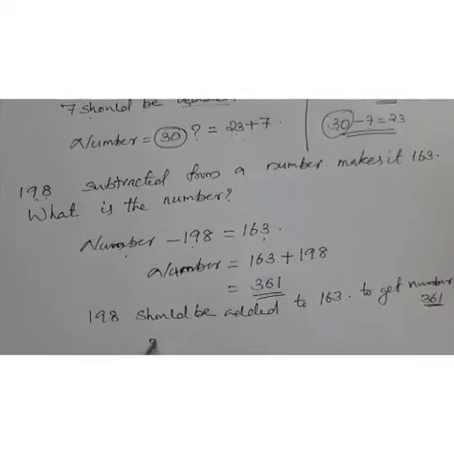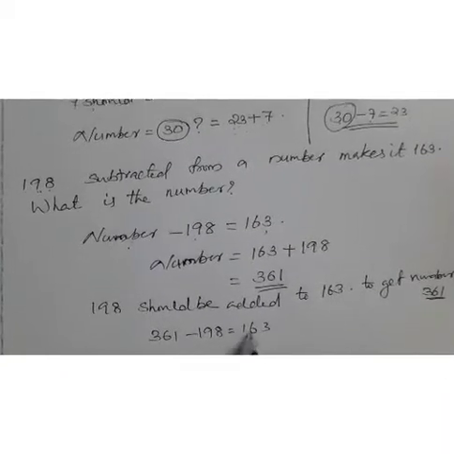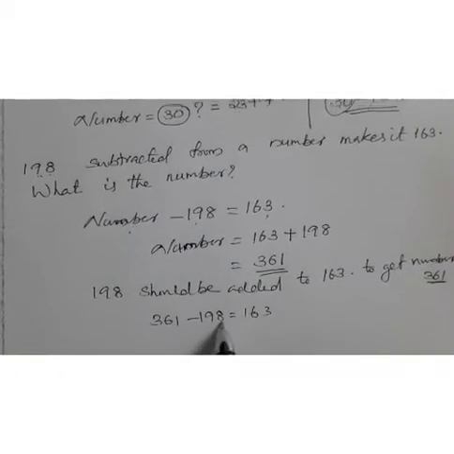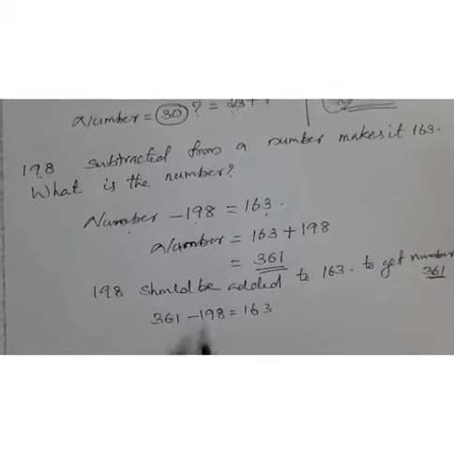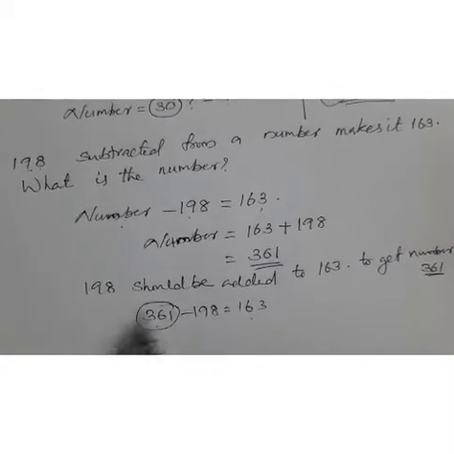Or you can simply write 361 minus 198 is equal to 163. So 198 is subtracted from 361, we will get 163.